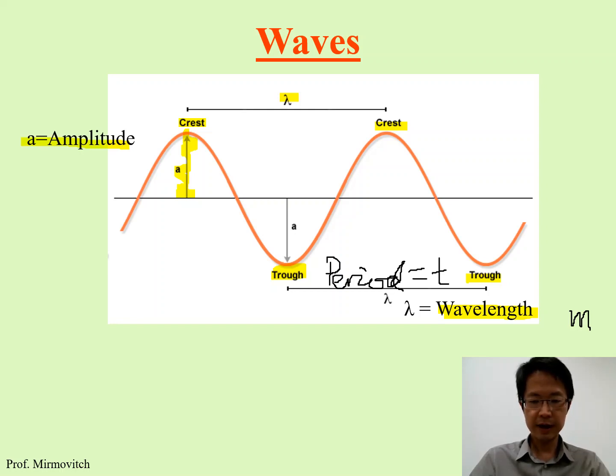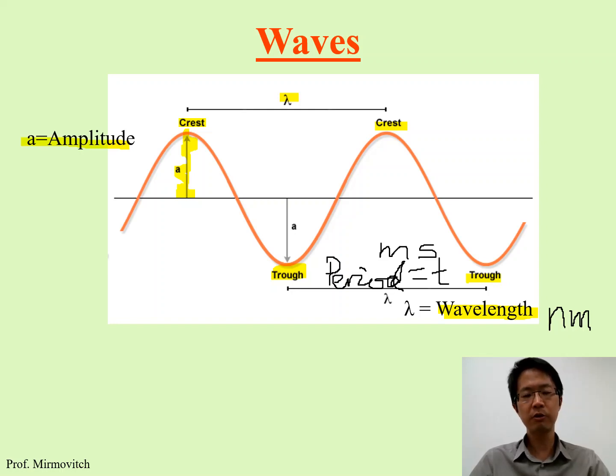Nanometer is nm. Period is in terms of a millisecond. Okay, so the unit is different, but it talks about also from crest to crest or from trough to trough.